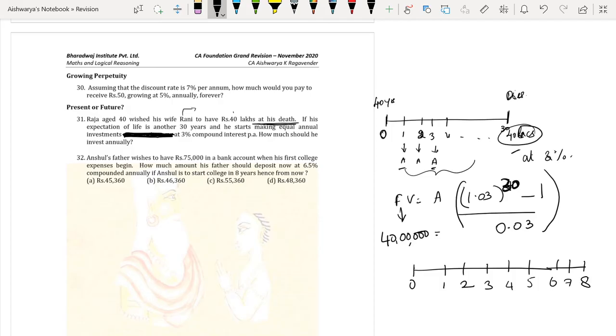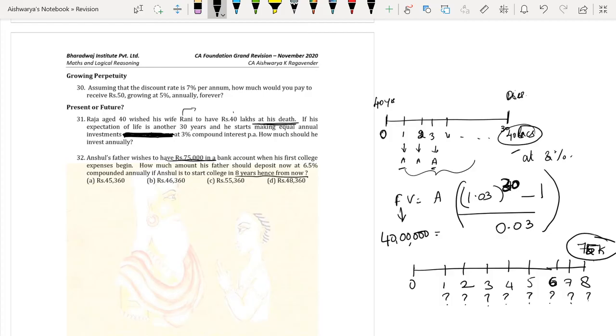So when are you to have 75,000 in your bank account? It will come 8 years from now, after 8 years. So you want to have 75k at this juncture. So how much should I deposit every year so as to get 75k at the end of the 8th year?